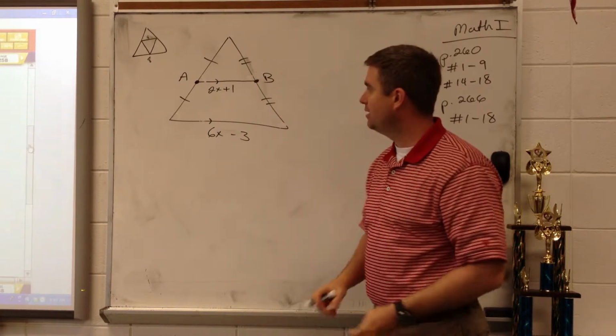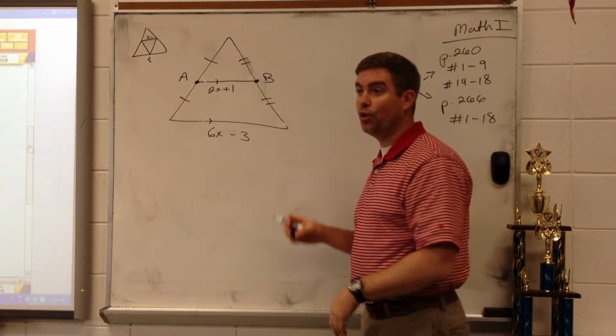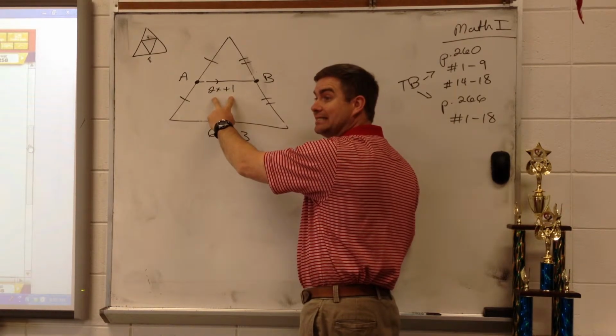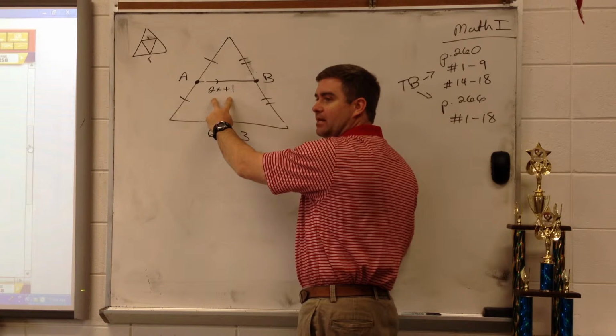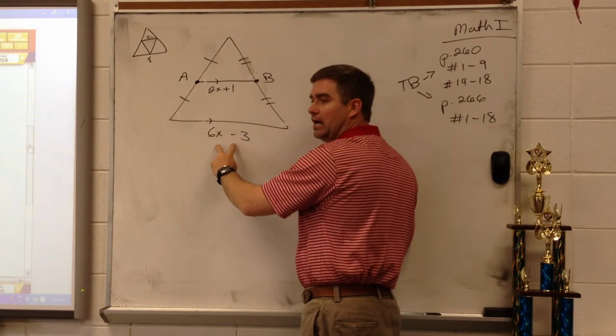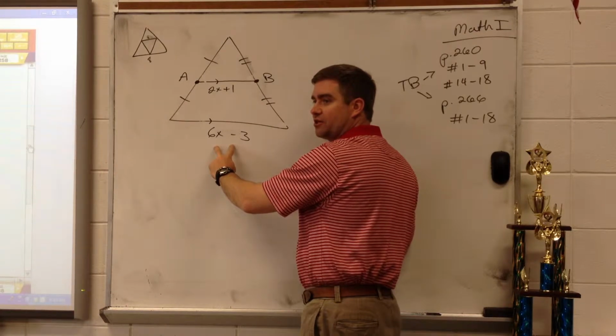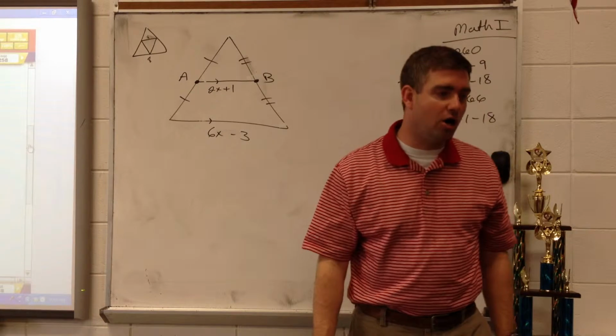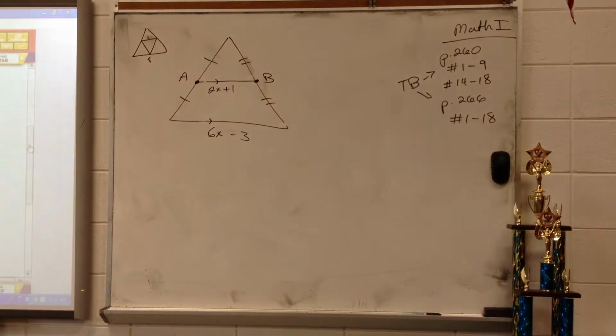Write this down. In doing this problem, you will always say 2 times the midsegment. Write this down, please. 2 times the midsegment equals what? The third side. 2 times the midsegment will always equal the third side. I'm in your way, sorry. Questions?